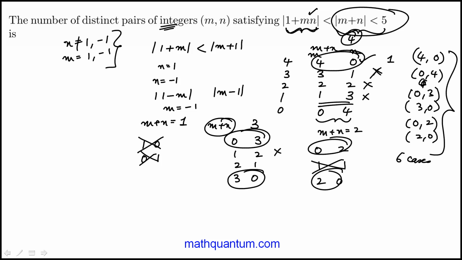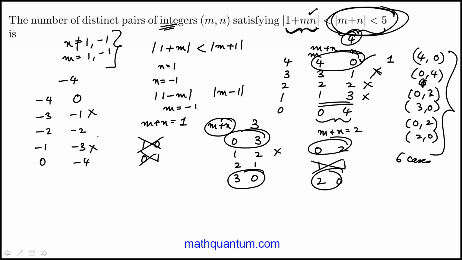Now I have to go on the negative side, because m plus n, if they add up to minus 4, this condition would still be satisfied. And I'll have similar scenarios, minus 4, 0, and then minus 3, minus 1, minus 2, minus 2, and then minus 1, minus 3, and then 0, minus 4.